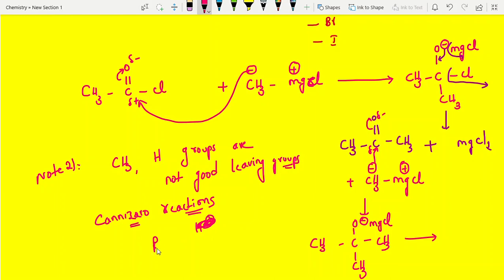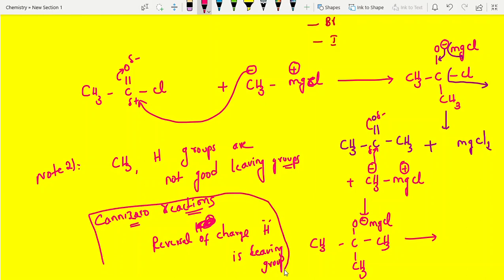Reversal of charge is possible in the Cannizzaro reaction, because hydrogen is a leaving group there. That is a special case, only in some particular reactions, especially Cannizzaro. Otherwise, in normal cases, CH3 and hydrogen are not good leaving groups.